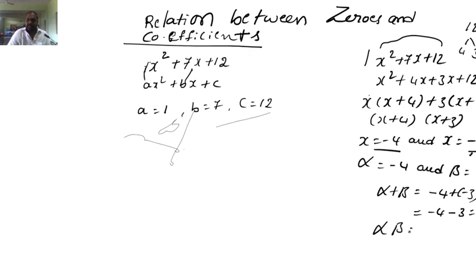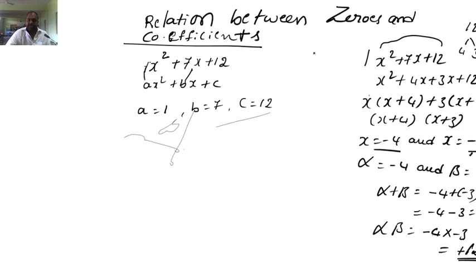Alpha into beta, minus 4 into minus 3, that is equal to plus 12. So adding these two roots, we get minus 7. Multiplying the two roots, we get plus 12.